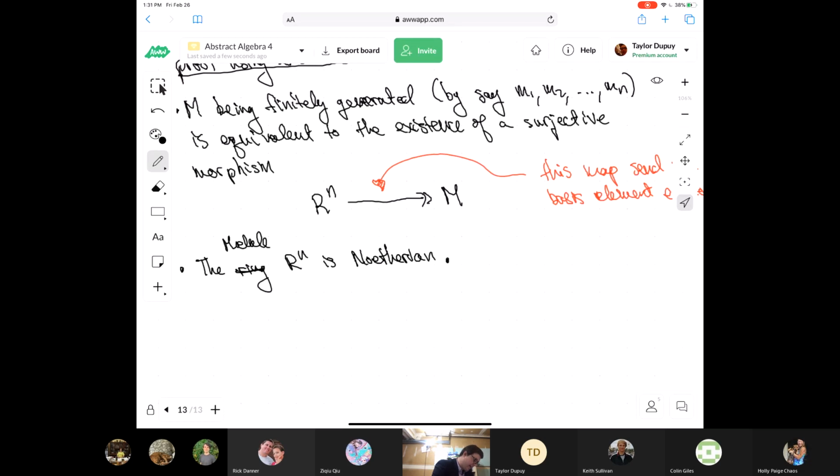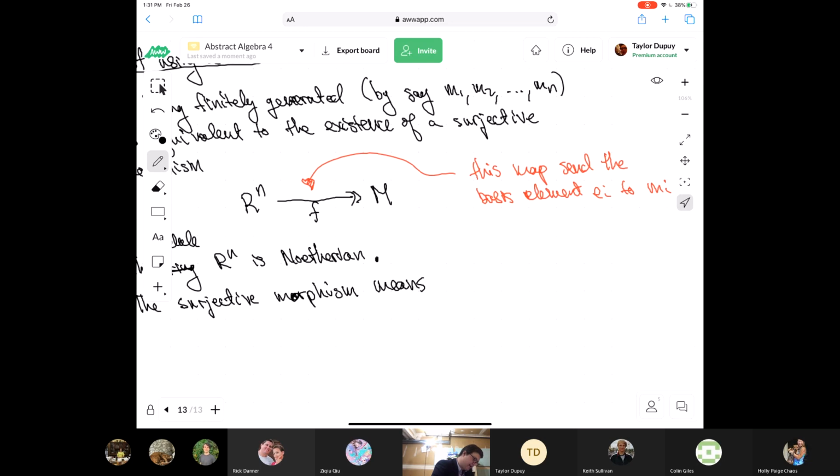And in this surjective map, we need to give it a name, f. The surjective morphism means that M is isomorphic to R to the n modulo the kernel of f.